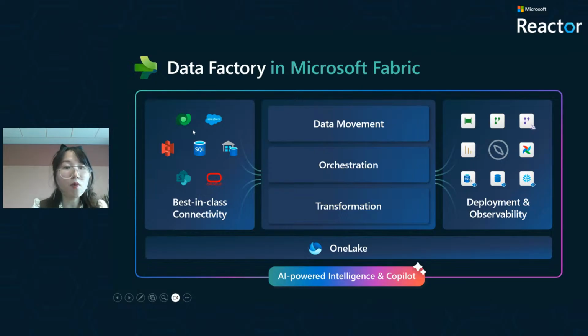We provide more than 180 connectors, so you can easily connect your data source, whether it is in Azure SQL, Amazon S3, or your local SQL Server. The connectors help you easily get your data into Microsoft Fabric OneLake or other destinations.